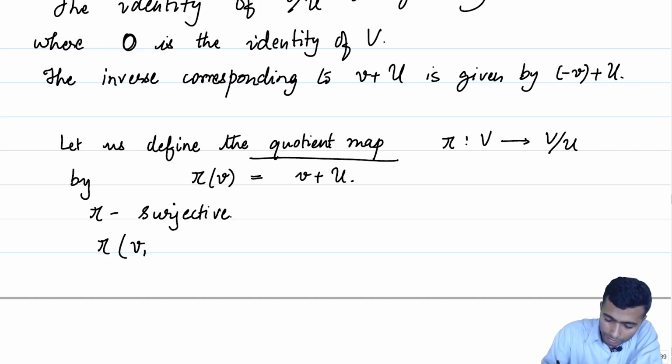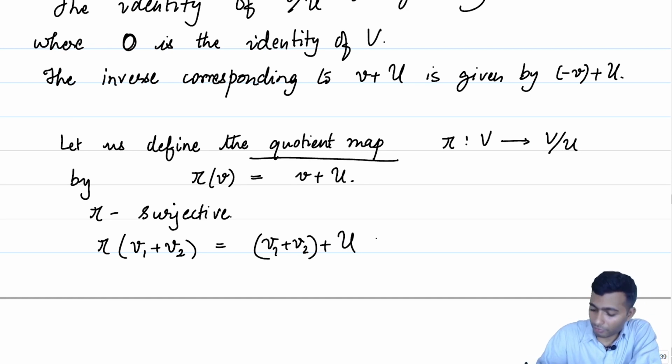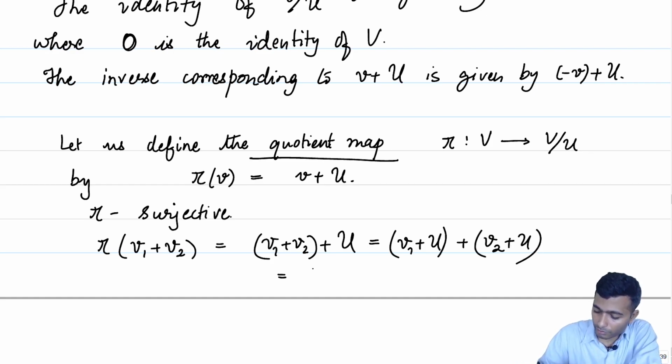Pi of v1 plus v2 is equal to v1 plus v2 plus U, which by our definition is v1 plus U plus v2 plus U, which is equal to pi of v1 plus pi of v2.